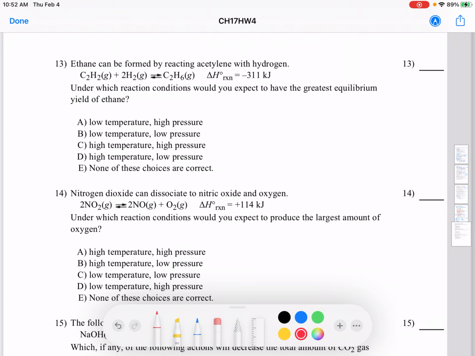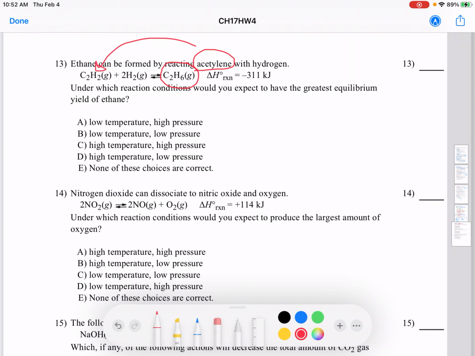Number 13: ethane can be formed by reacting acetylene with hydrogen. Under which reaction conditions would you expect to have the greatest equilibrium yield of ethane? So ethane is this one over here, C2H6. And C2H2 is acetylene. That's why it says by reacting acetylene.